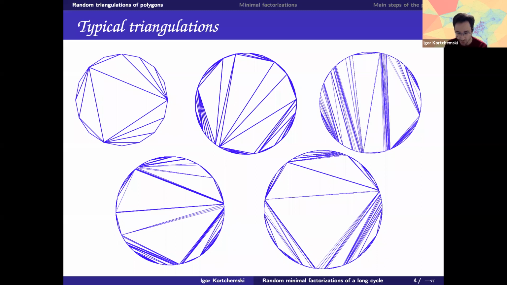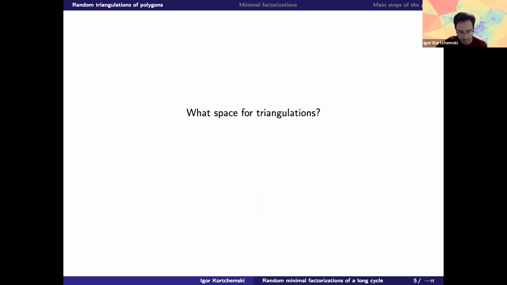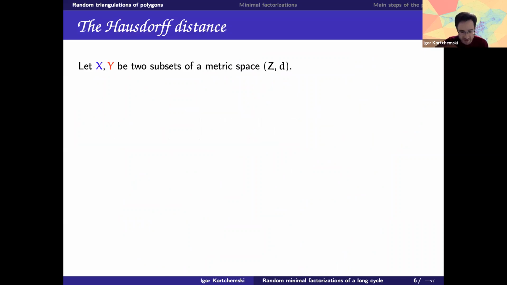To prove a convergence result, we first need to define a space in which all these objects live. So what space do we consider for these objects? Aldous's idea was to view them really as drawings in the plane, as, formally speaking, compact subsets of the unit disk equipped with a certain distance, which measures how far apart are two compact subsets of the unit disk. And this distance is based on the Hausdorff distance, which I recall now.